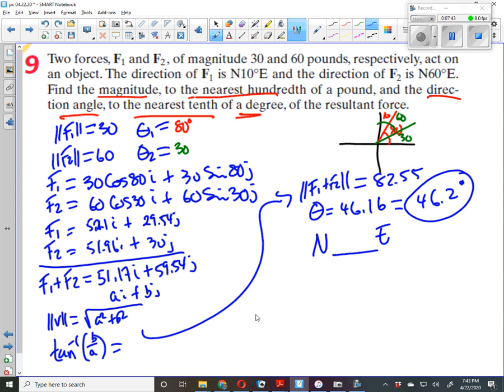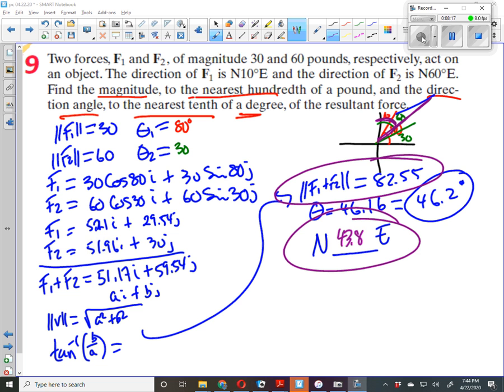Remember, this is taking these two forces here and putting them tip to end for a resultant force out here. And we want this angle here. So subtract from 90, or 43.8 degrees northeast. So you've got magnitude and your direction angle.